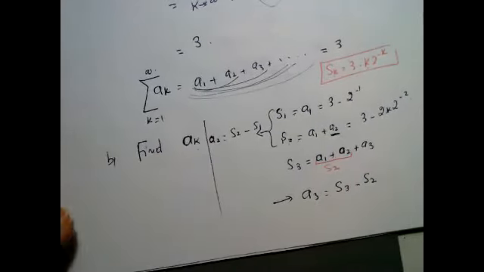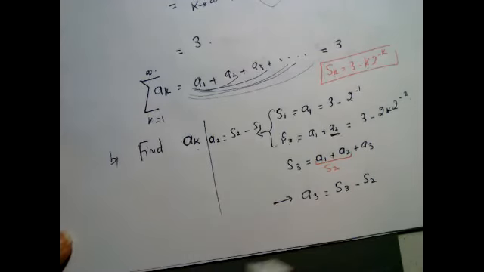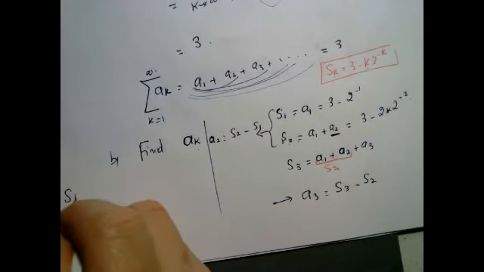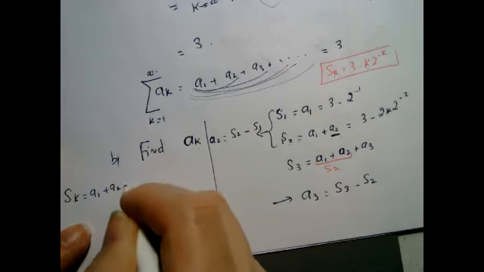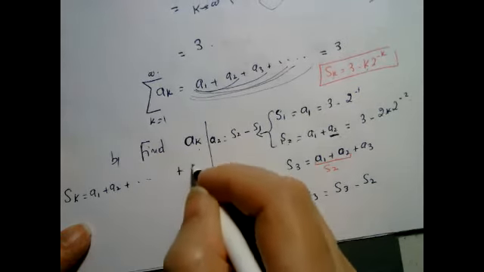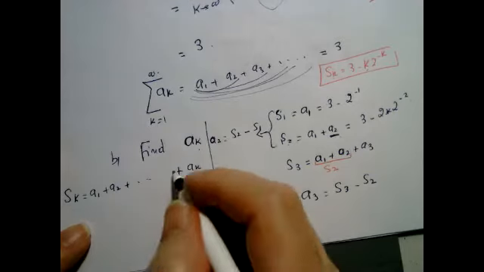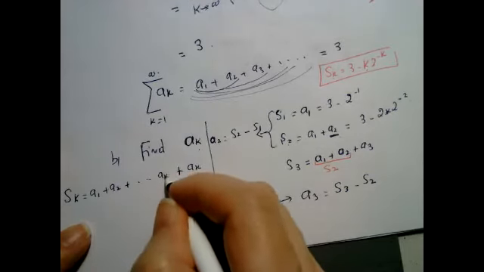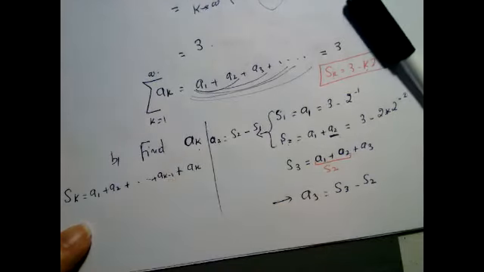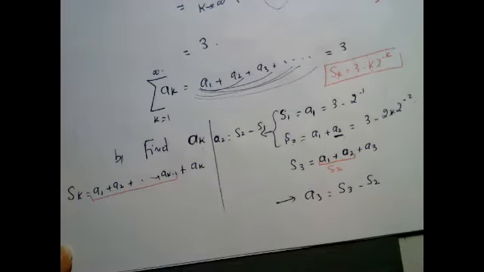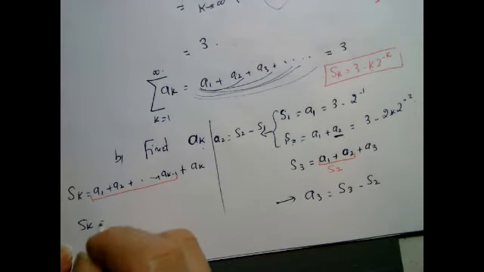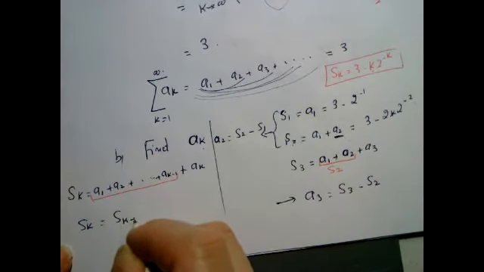So in general, what is S_k? I don't know if we're seeing the pattern. It is a1 plus a2 plus etc. up to a_k, but the term before a_k is a_(k-1). So what is S_k? S_k is S_(k-1) plus a_k.